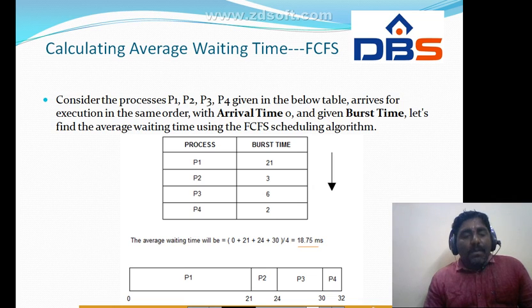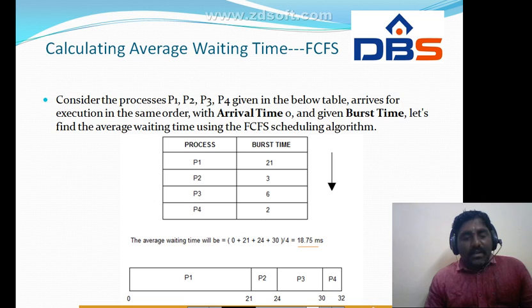Then after P1, which process is executed? P2. For P2 the burst time is 3, so 21 plus 3 is 24. P2 starts execution at 21 milliseconds and ends at 24 milliseconds. That means how much time is P2 waiting? 21 milliseconds.